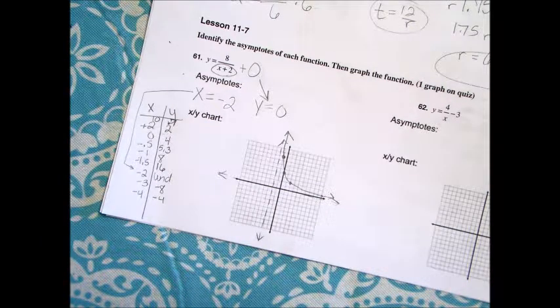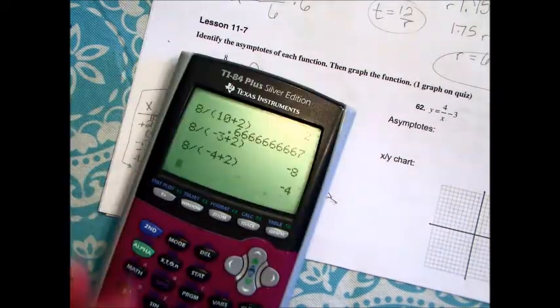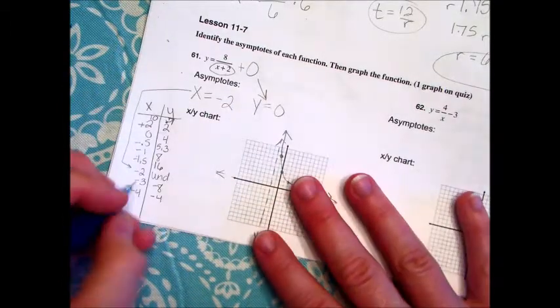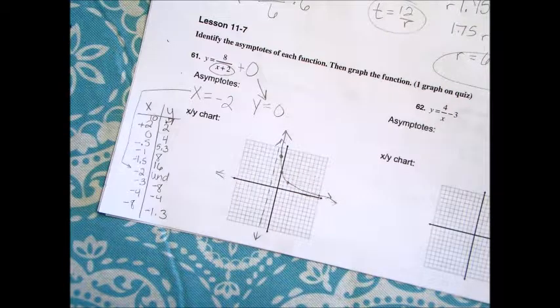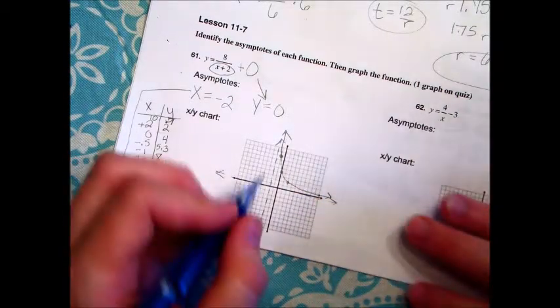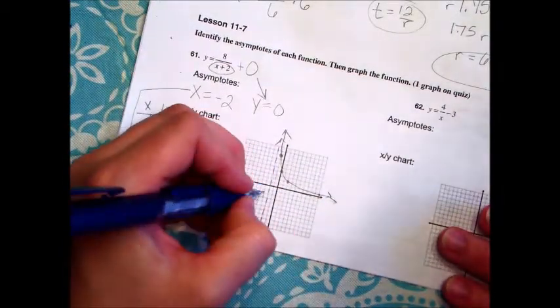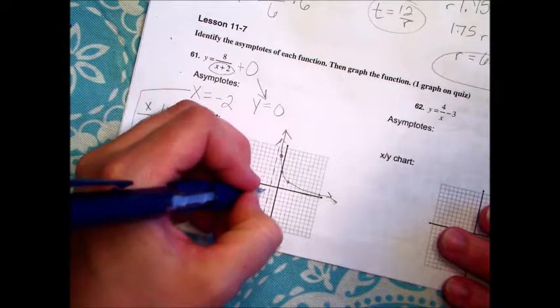Let's try -8 and see what happens. Negative 8 is negative 1.3 repeating. Let's see if that's good enough to get a pretty good shape. So negative 3 is negative 8.